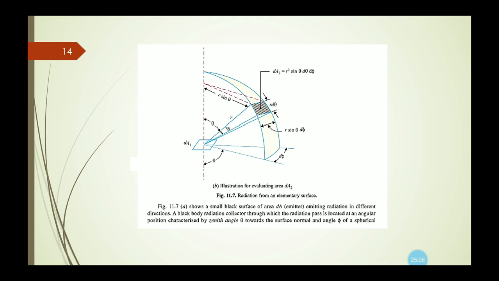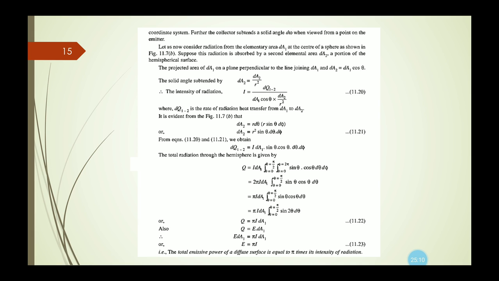Now there is a derivation regarding this intensity of radiation and the emissive power, and here the concepts of the solid angle and intensity of radiation have been considered.